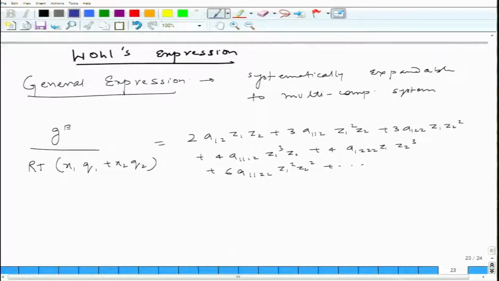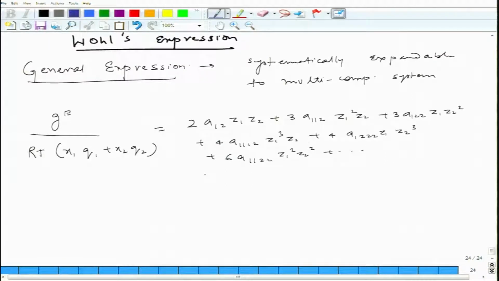So what Wolf tried is basically to bring some kind of physical representation of the system. So what it did is that it expressed the Gibbs free energy of a binary solution as a power series in Z, which is the effective volume fraction of each component. So what is Z? We are considering only binary components here, right? Where Qi is the effective volume of the component.